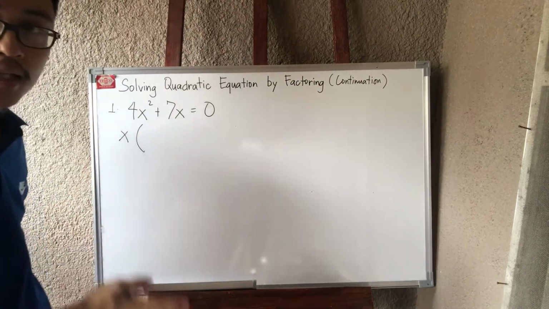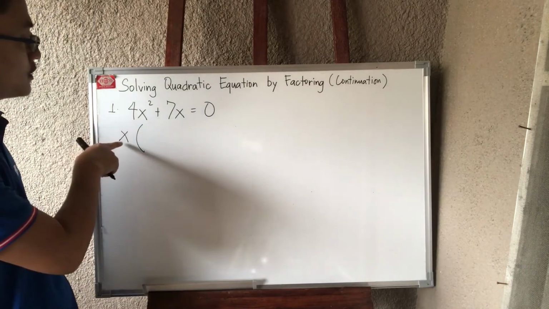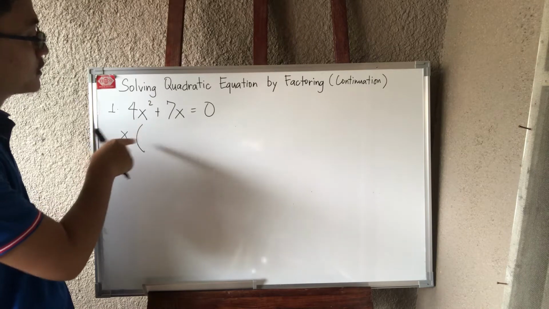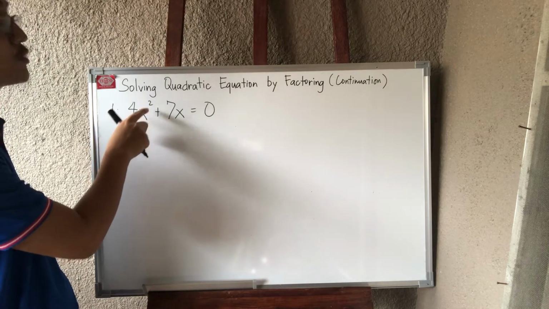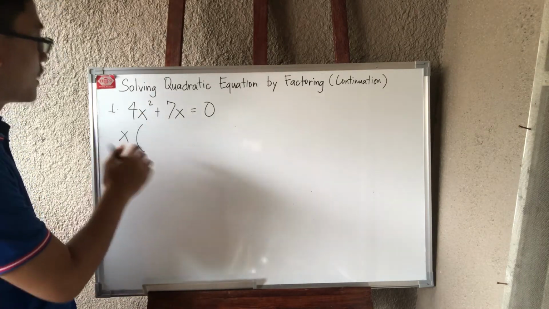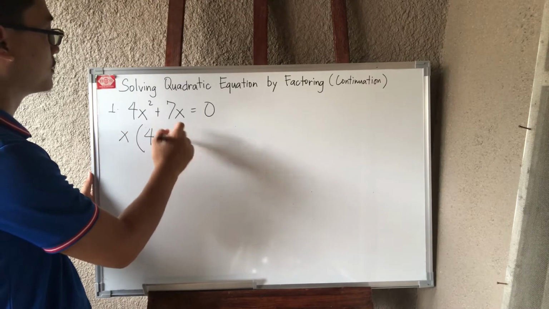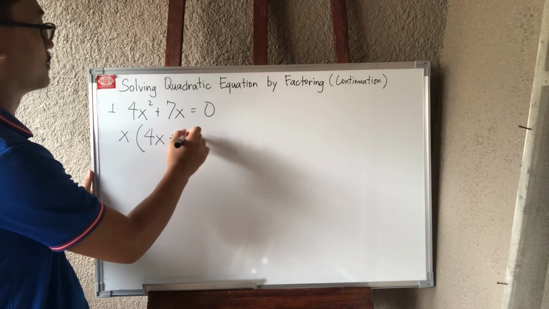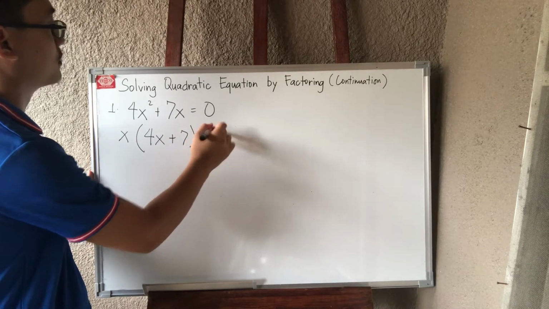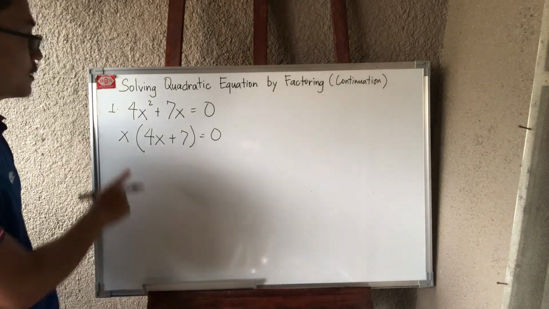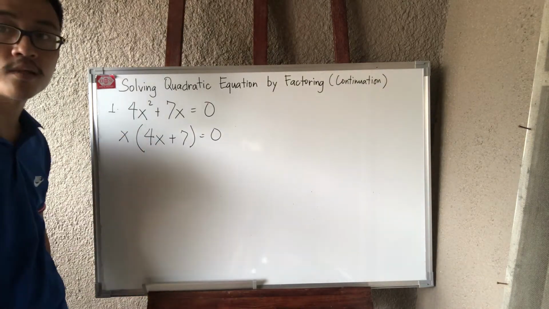Then to get the other factors, since this is our common factor, we just divide each term by it. So you have 4x squared divided by x, that is 4x, plus 7x divided by x is 7, equals 0. So those are our factors, that is x and 4x plus 7.